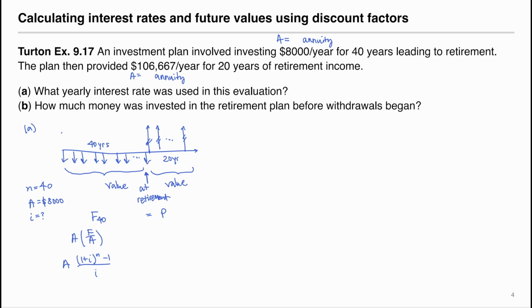And then on the other side, we have P, which is the present value of the 20 years of annuity after retirement. So that will be the annuity times P over A as the discount factor, because we're converting from present value. So P over A. We look at table 9.1: P over A is 1 plus i to the n minus 1, divided by i times 1 plus i to the n.